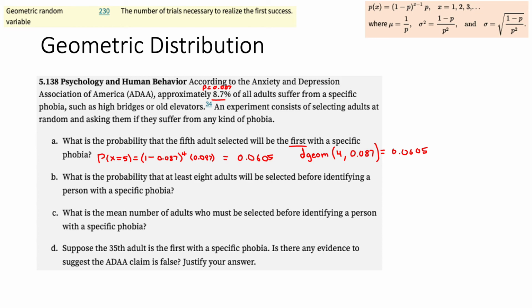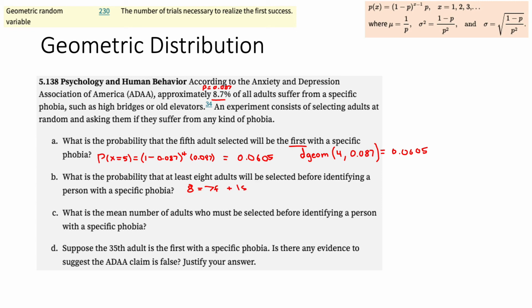Let's move on to B. What is the probability that at least 8 adults will be selected before identifying a person with a specific phobia? So what this means is we have 8 adults equals 7 failures, 1 success.